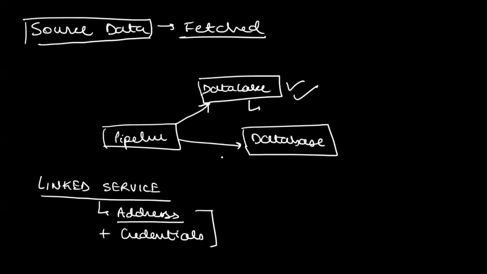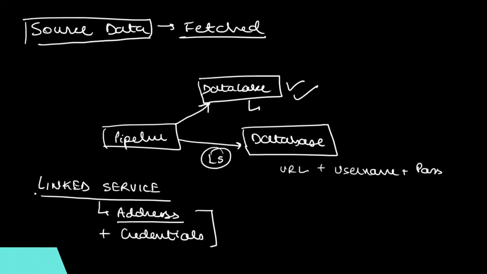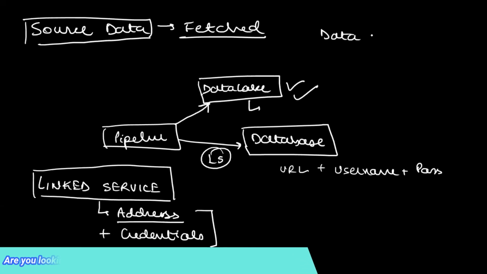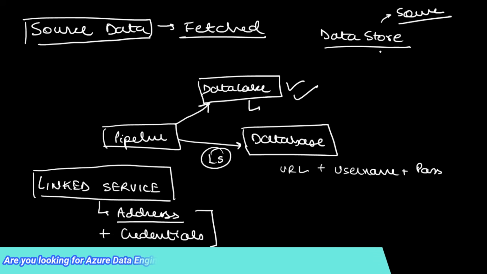So if I create a linked service to connect to the database, that will first contain the address of the server, whatever the server URL is, along with username and password. So a linked service helps you to connect to a data store. When I say a data store, it could be anything, the source or the destination.